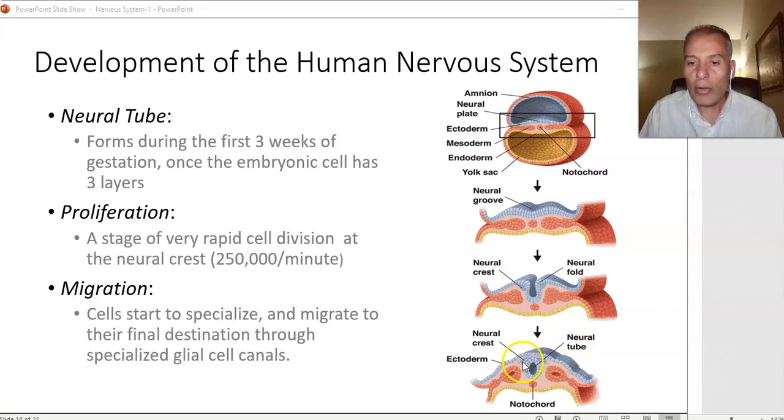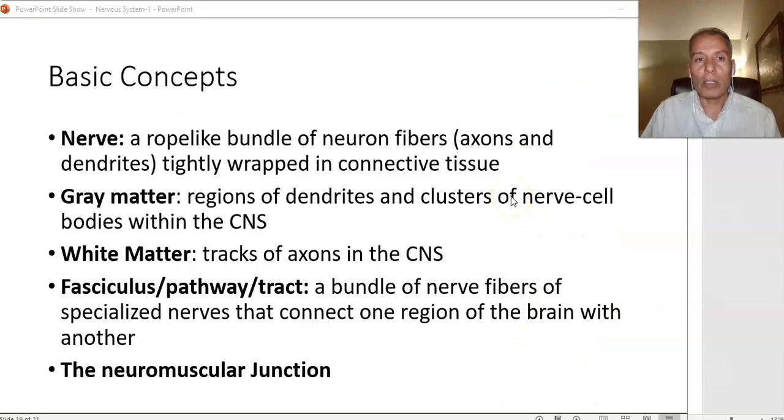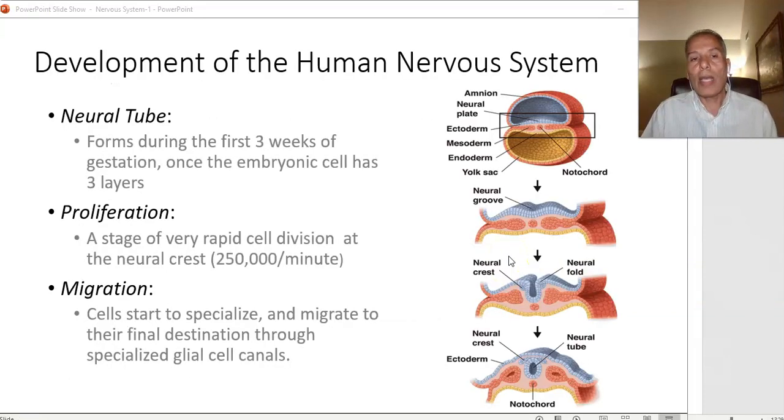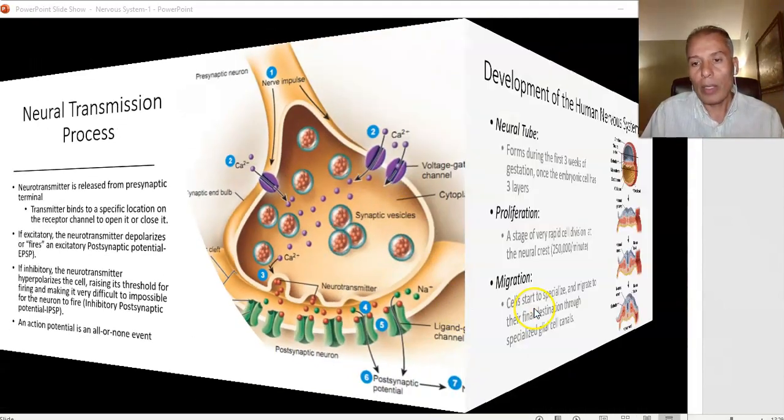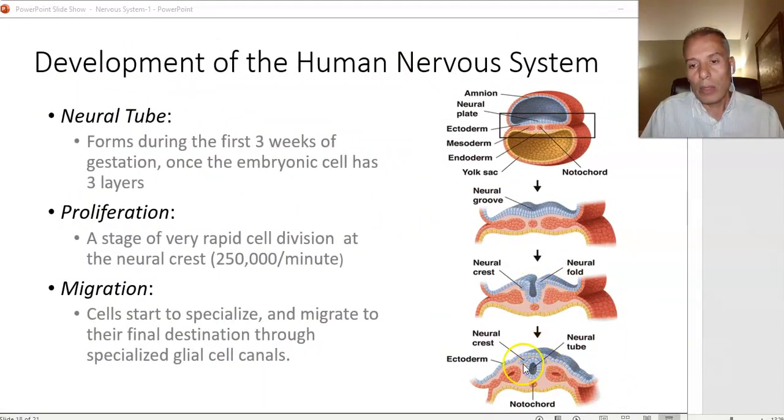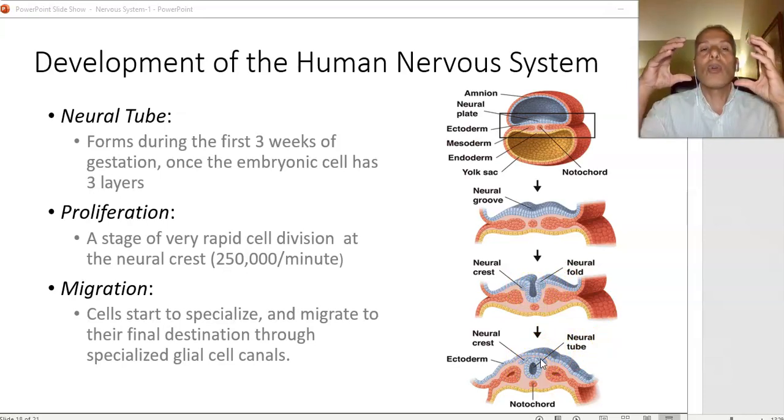This whole area is called the neural crest. In this area, on top of the embryo, in the neural crest and the neural tube, this is the site where all neural cells are born.